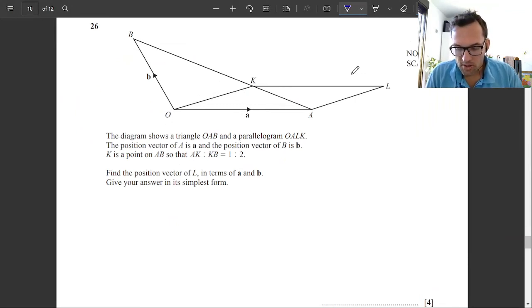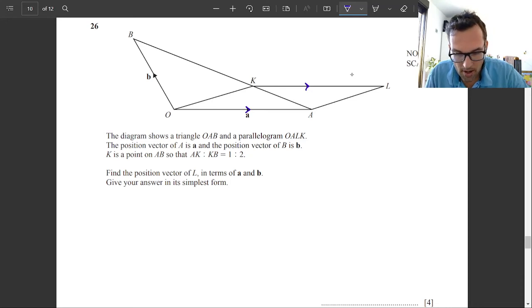First of all, the diagram shows triangle OAB and parallelogram OALK. Remember, with all parallelograms, there is information there. Opposite sides of a parallelogram are equal and parallel, of course.